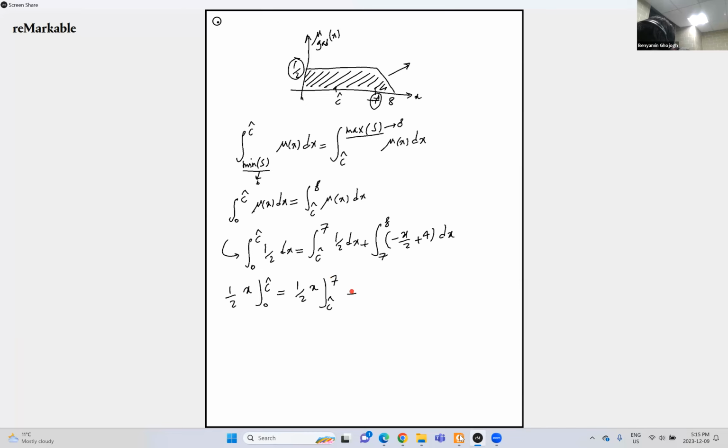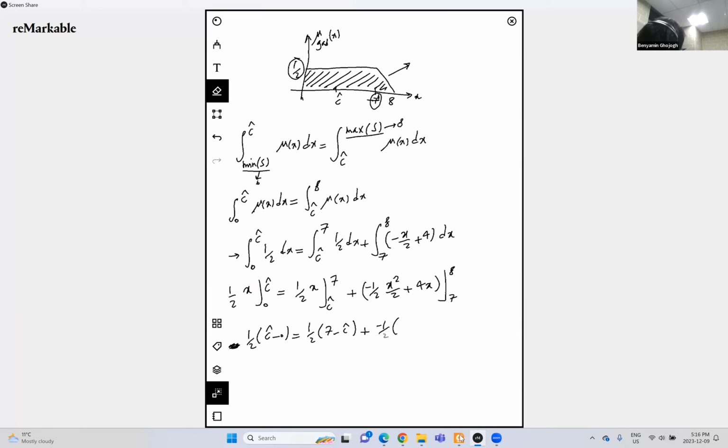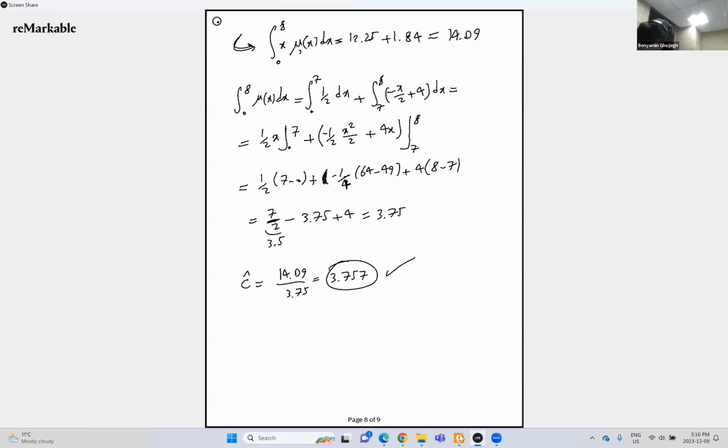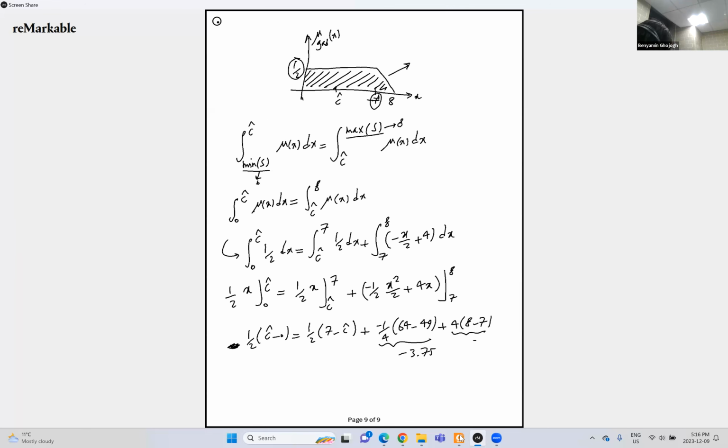Now c hat minus 0 is this part, 7 minus c hat plus, I think once I calculated this, it's minus 3.75, and this is 4.